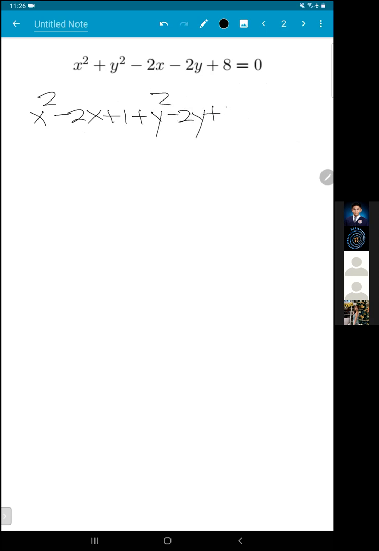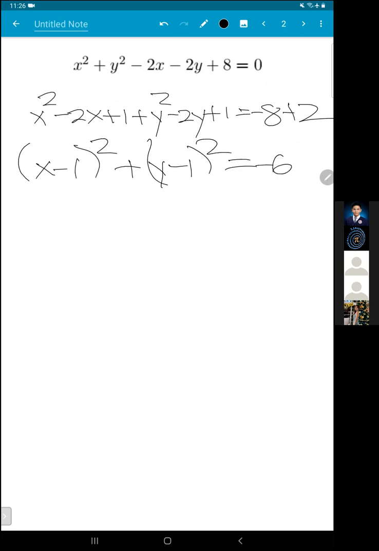Add 1. Then yung 8 lipat. Then add 1 plus 1, 2. Then negative yung nakuha. So null set. Okay, ganun lang siya. Any question on this?